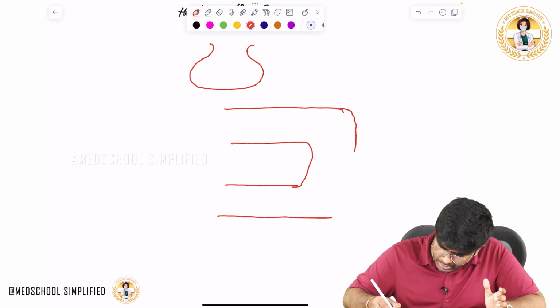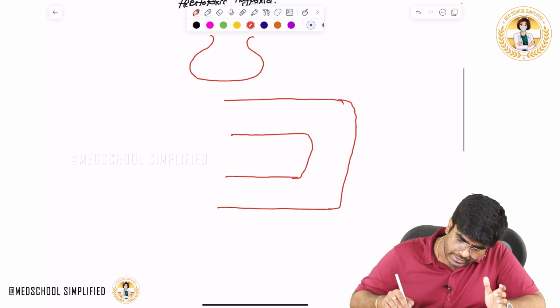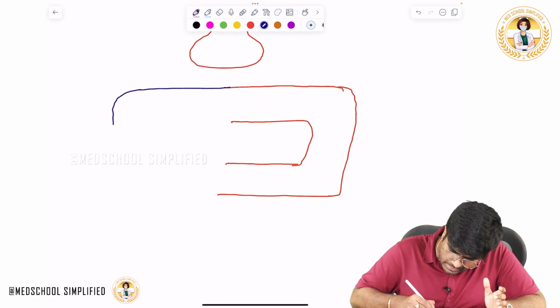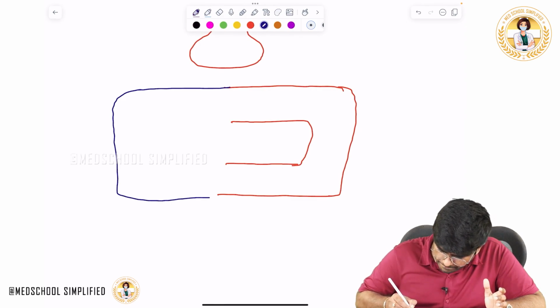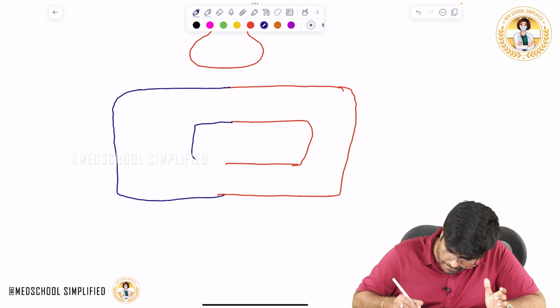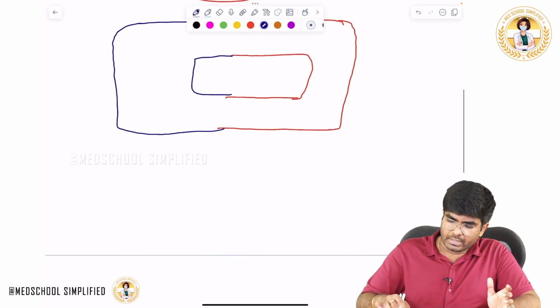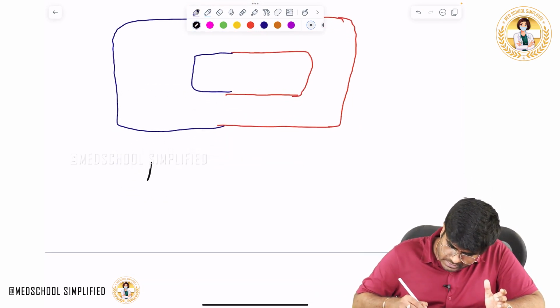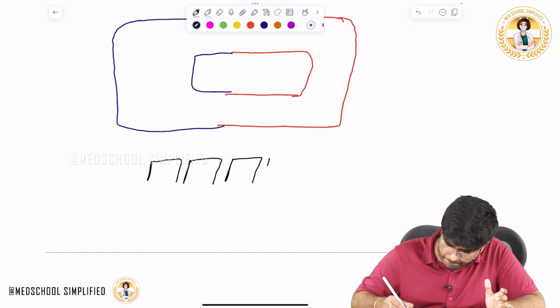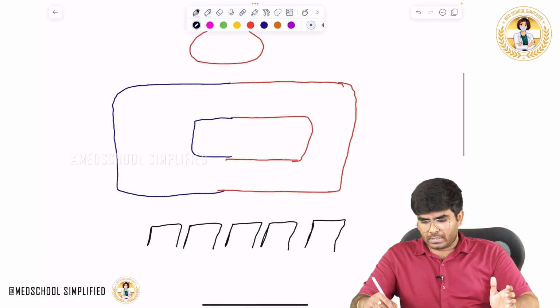On one side I am showing you the arterial side, and this side I am showing with the blue color, which means this is the venous side. Arterial side and venous side. And here is the area of the tissues.